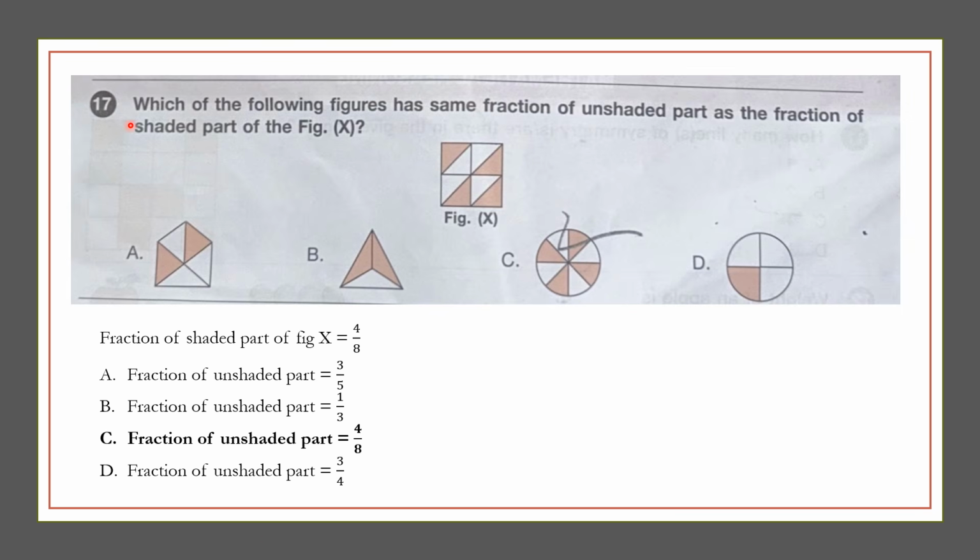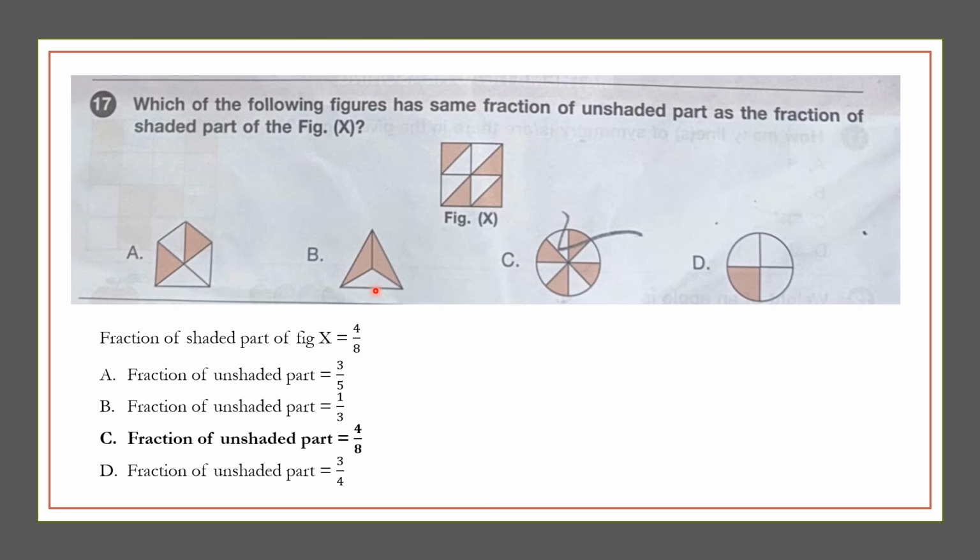Question number 70. Which of the following figures has the same fraction of unshaded part as the fraction of shaded part of figure X? The fraction of the shaded part of figure X is 1, 2, 3, 4 and the total is 8, so 4 by 8. Now we have to calculate the fraction of the unshaded part in figures A, B, C, D. The fraction of the unshaded part in A is 1, 2, 3 and the total is 5, so 3 by 5.